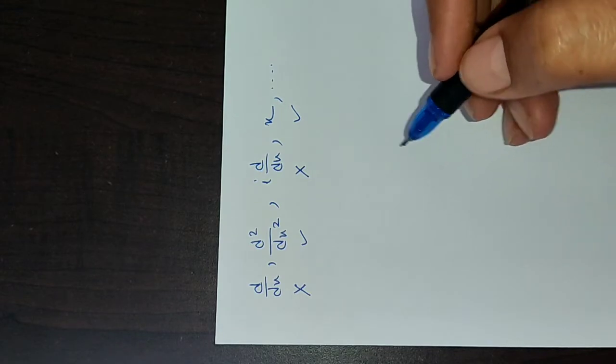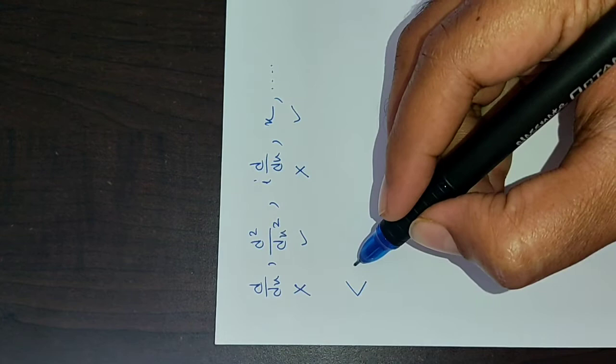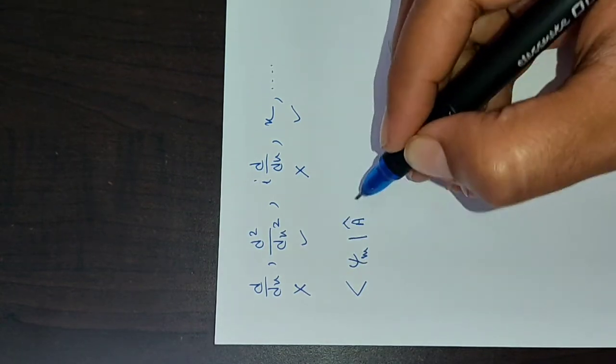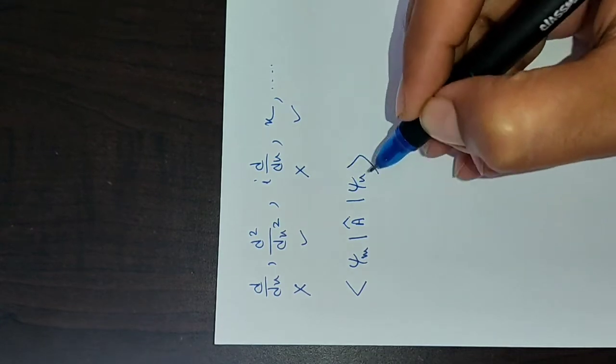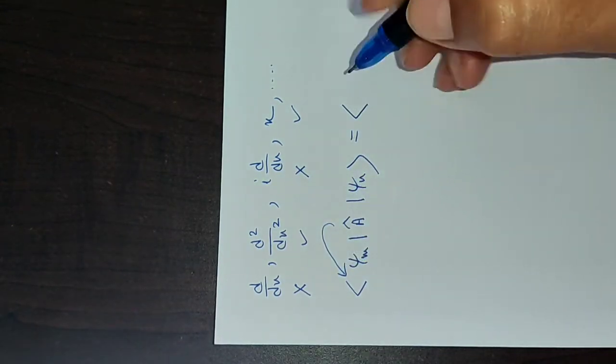So the criterion that was described is that an operator must follow this turnover rule. Then only it is said to be Hermitian.